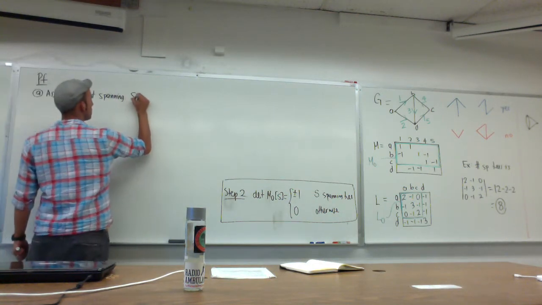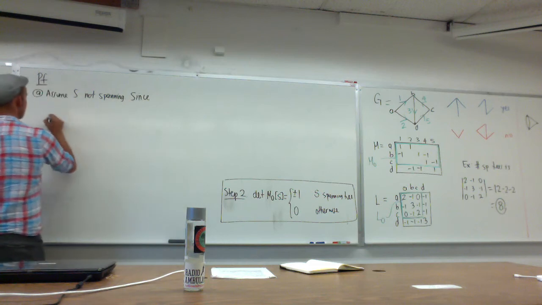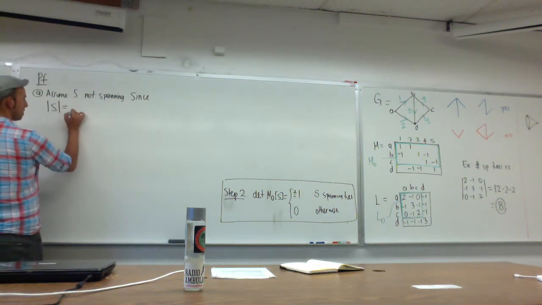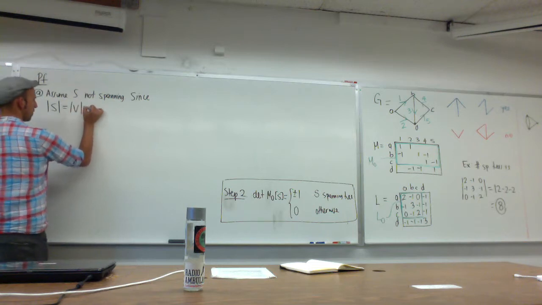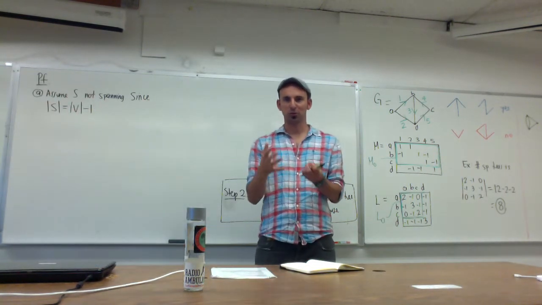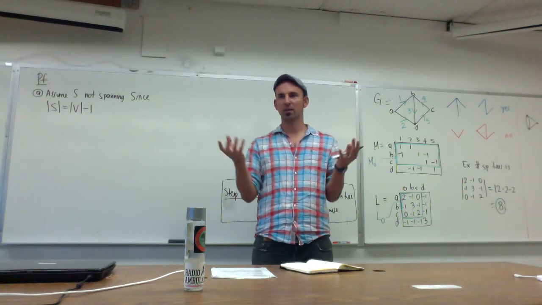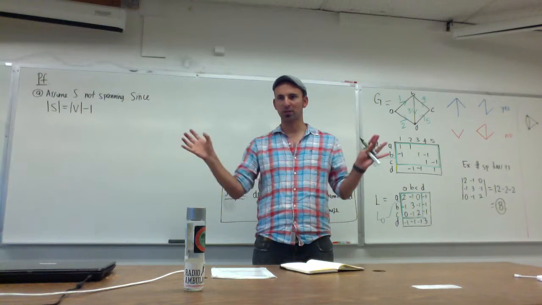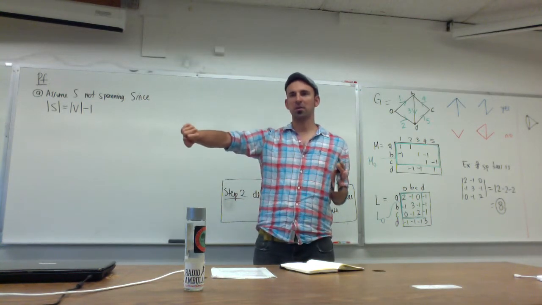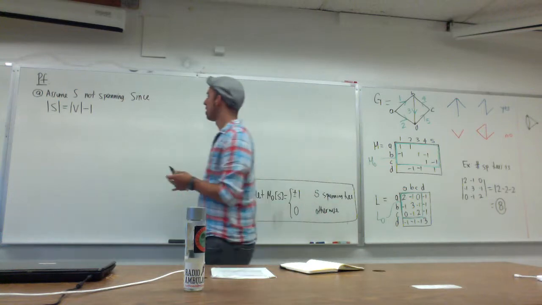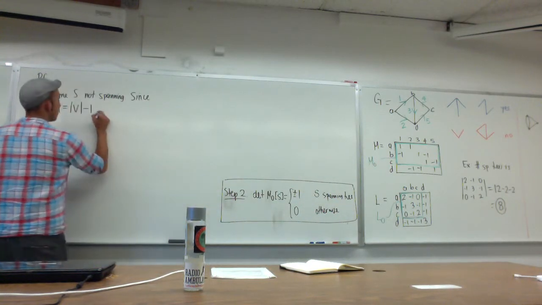Since the number of edges is the correct number for a tree, if you're not a tree, then you start with a tree that connects everybody, and you're taking edges from the tree out to disconnect the graph, and you're putting them back on something that is already connected. You're going to form a cycle. So S has a cycle.